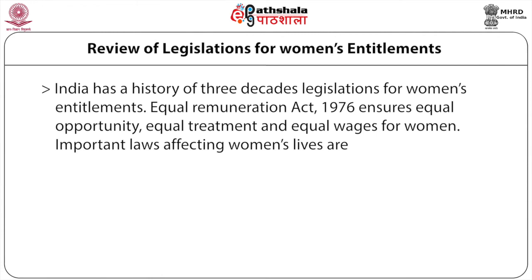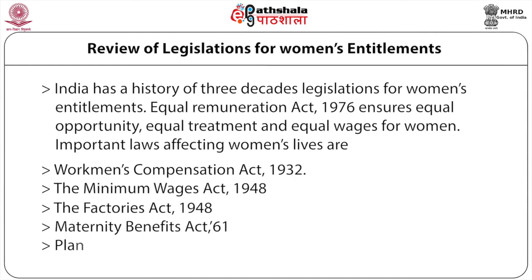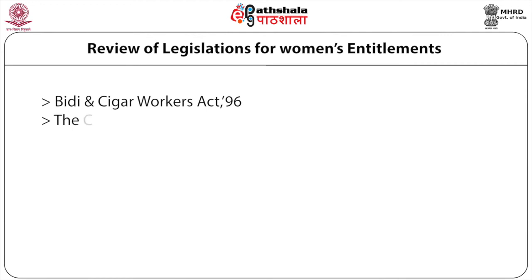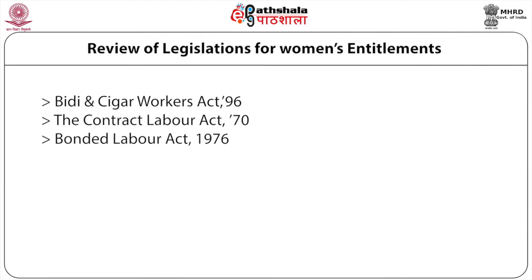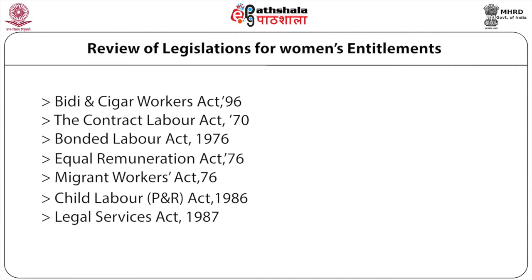But other important labor laws which affect the life of women workers are the Workmen's Compensation Act, Minimum Wages Act 1948, Factories Act 1948, Maternity Benefits Act 1961, Plantation Labour Act 1951, Beedi and Cigar Workers Act 1996, Contract Labour Act 1970, Bonded Labour Act 1976, Equal Remuneration Act also 1976 and Migrant Workers Act 1976, Child Labour Prohibition Act 1986, Legal Service Act 1987 and Prevention of Sexual Harassment at Workplace Act 2013.